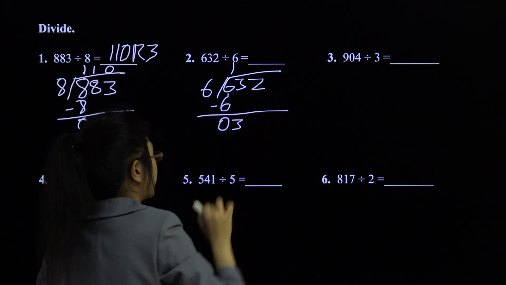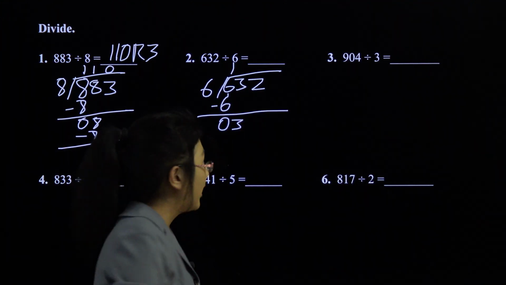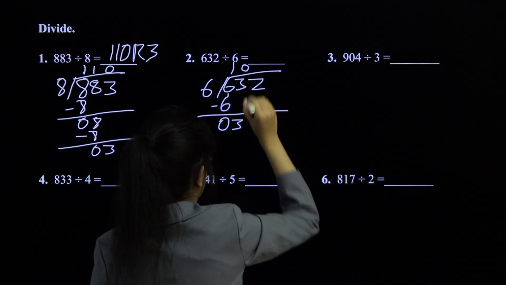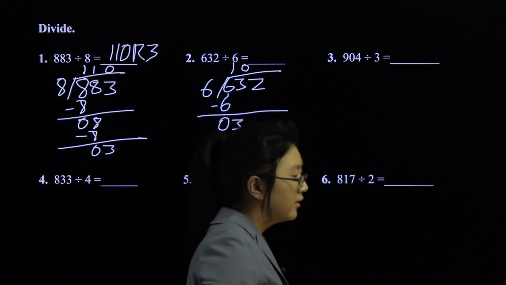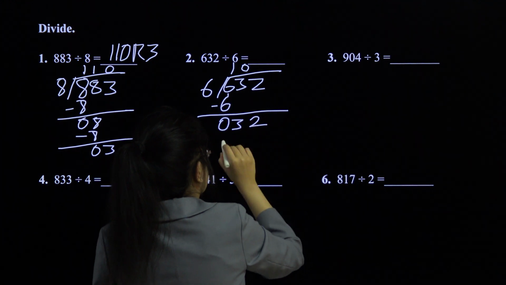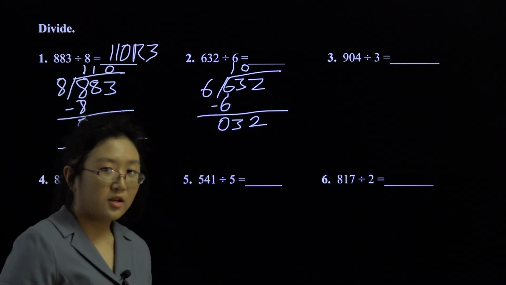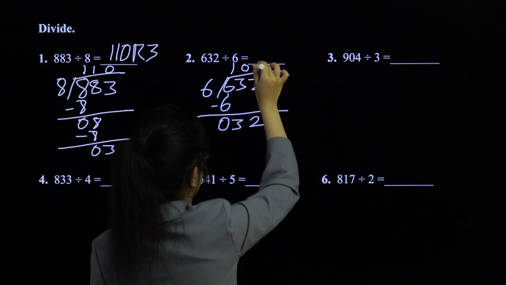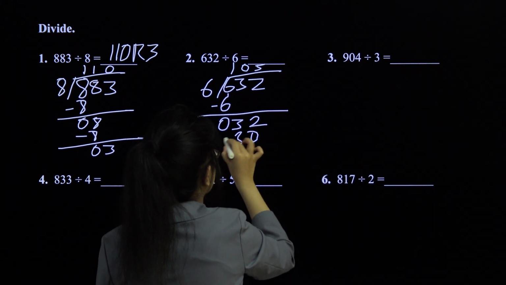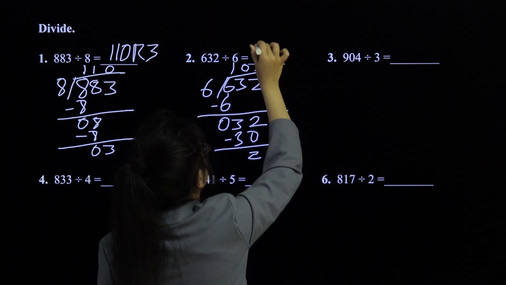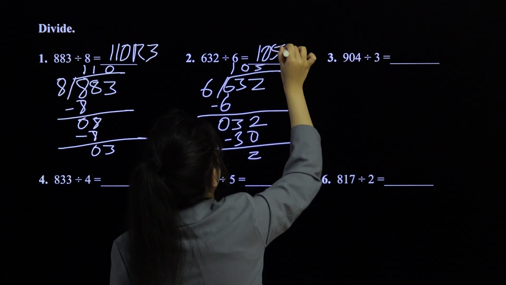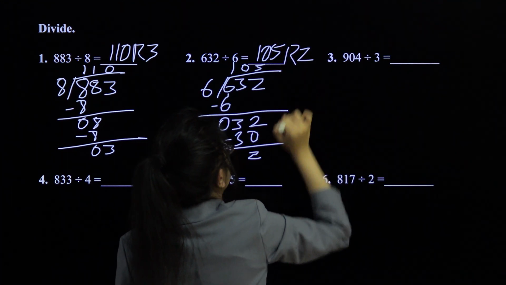You subtract, drag down the next digit, but the next digit isn't enough. So to drag down the next digit, you have to add a 0. And you get 32. 6 goes into 32 5 times with a remainder of 2. You get 105, remainder 2.